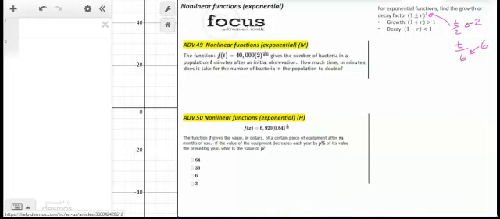And so you really do want to key in, if you see a fraction in the power of your exponential function, that is the number of increments of the time that need to occur for the growth or decay to happen.